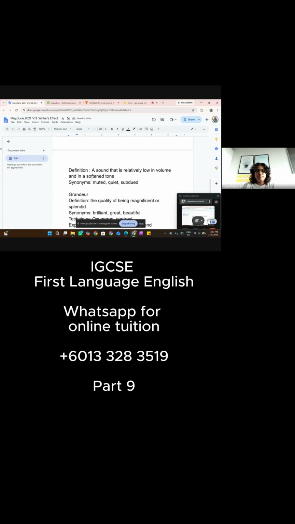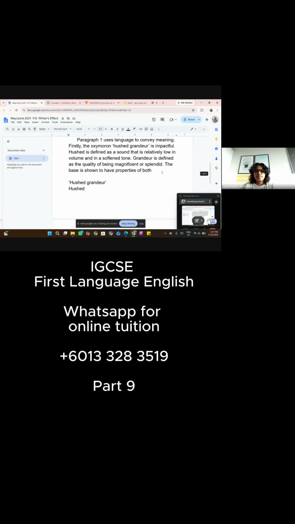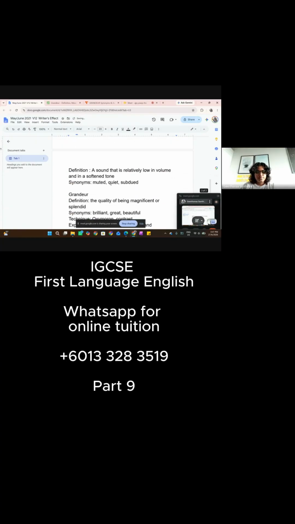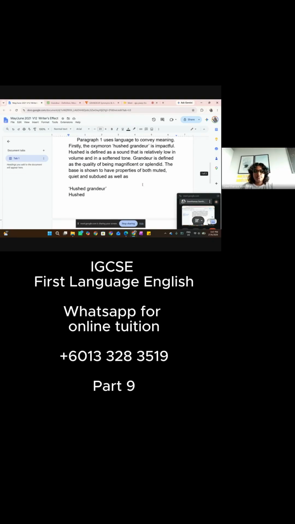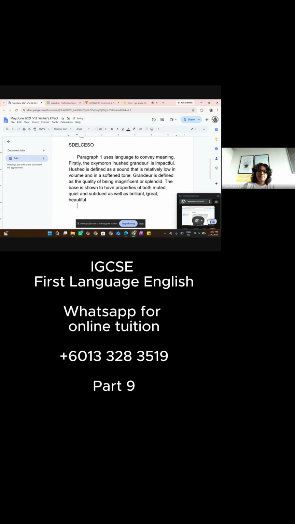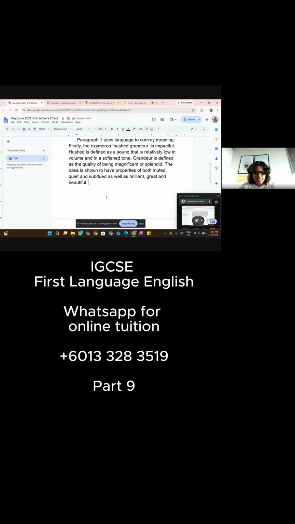So of being muted, quiet, and subdued, as well as brilliant, great, and beautiful. So I've put my synonyms this way. That's a lot of conjunctions, but it's okay. As long as it's understandable, right?